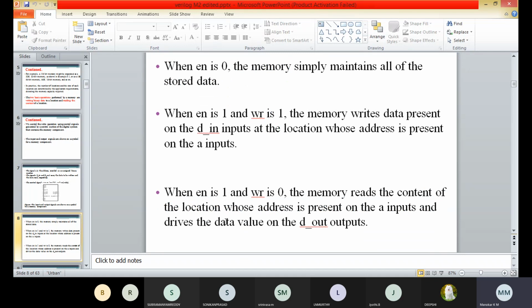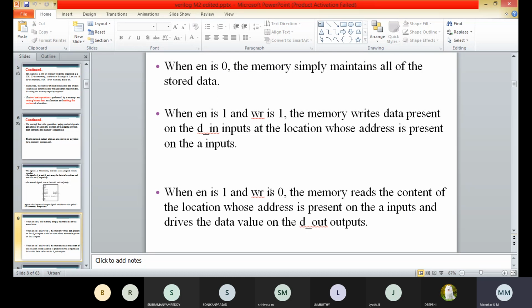Next, when enable is 1 and WR is 0, the memory reads the content of the location whose address is present on the A inputs and writes the data value on the D_out outputs.